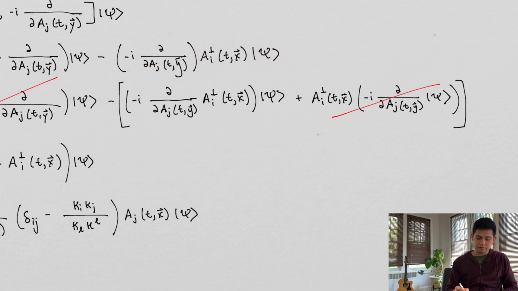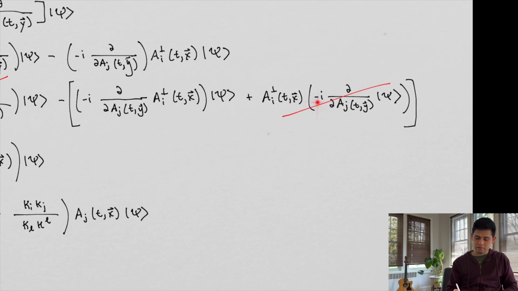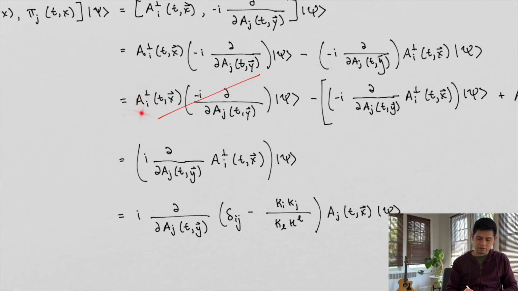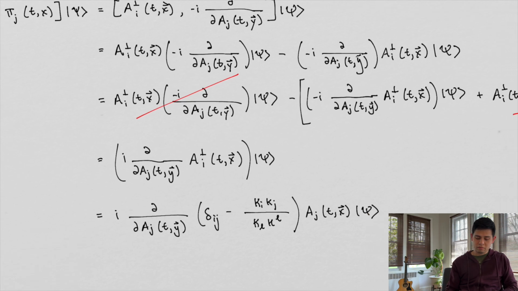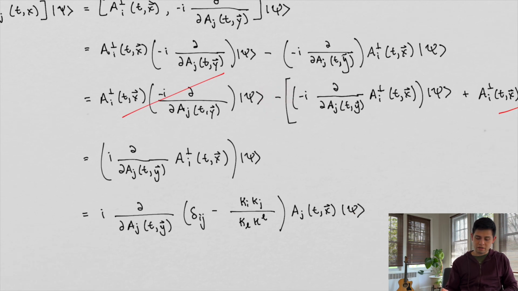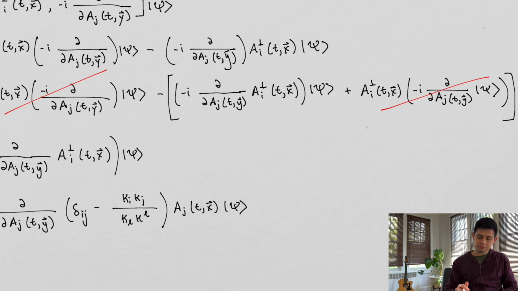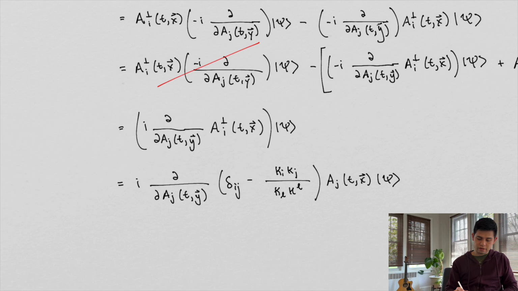We're taking the derivative, so we want to take the derivative of A, and we want to take the derivative of the state. But we find out that this here is the same as this right here. So we can cancel them out because they go to 0 because of this minus sign right here. So what we're left with is this, which is right here. Okay, we're getting somewhere.